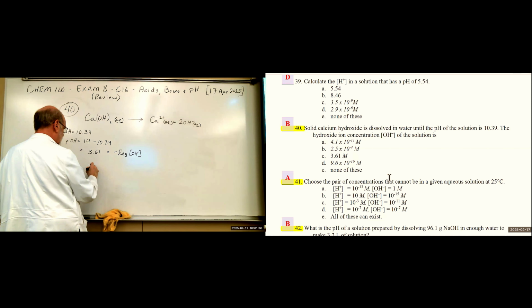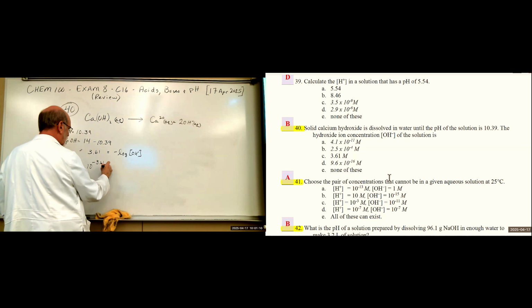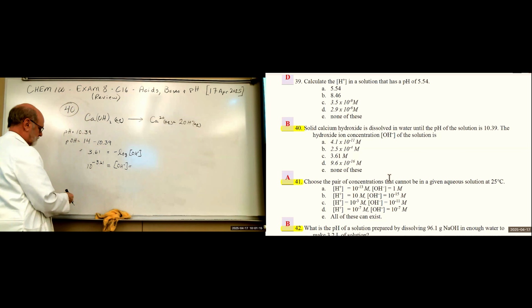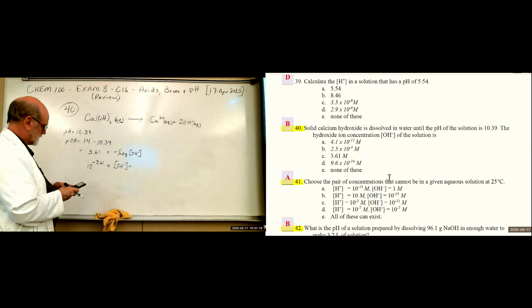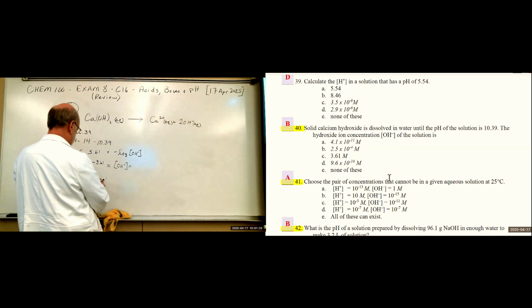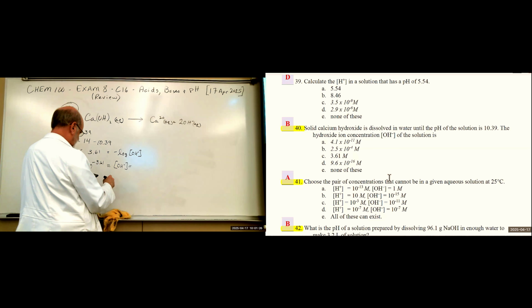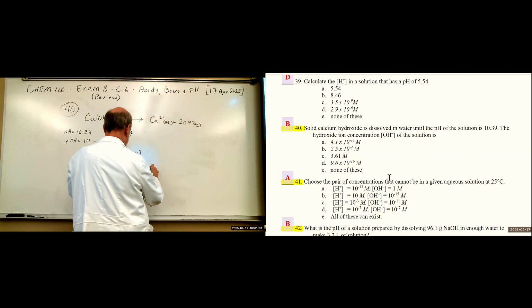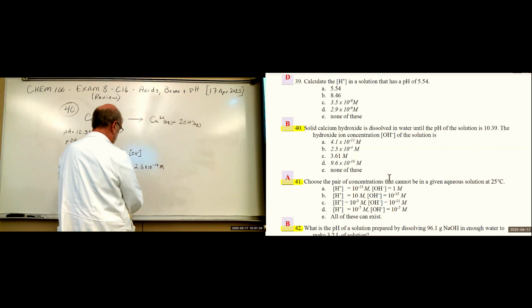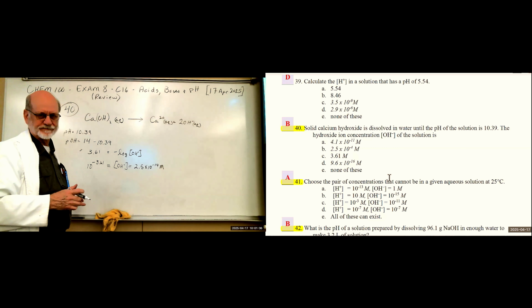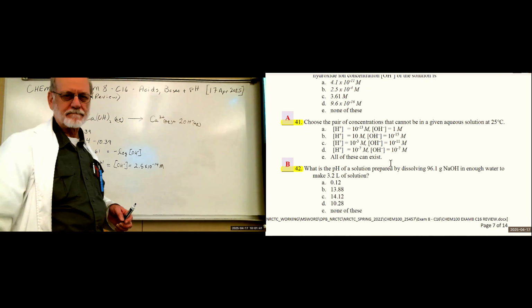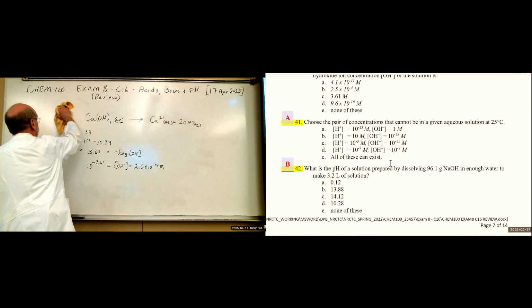So 10 to the negative 3.61 will answer our question. Change the sign. 10 to the x. Let's see, we get two significant figures. So 2.5 times 10 to the minus 4 molar. That would be B. Number 41.